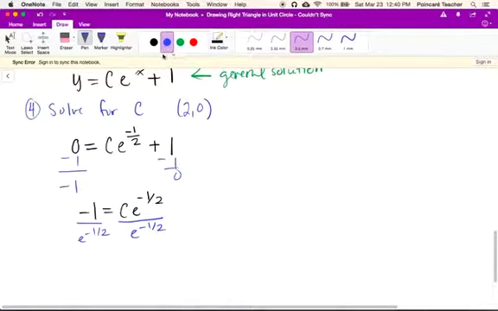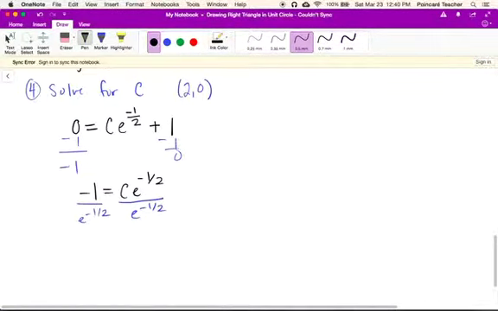That implies that c equals negative 1 over e to the negative 1/2. I want the exponent to be positive, so I'm going to bring it to the numerator, and it'll just become negative e to the positive 1/2. So that's my final c value.